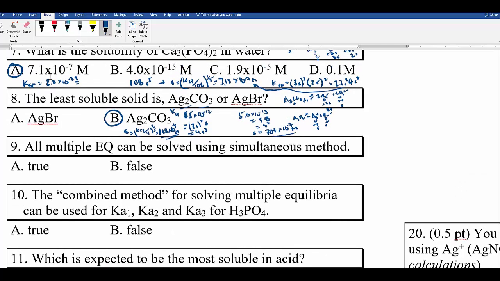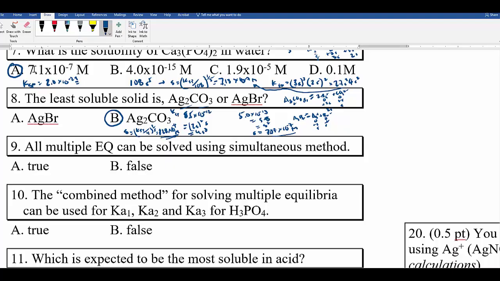So we can't rely just on KSP, because usually if the KSP is greater, the solubility is higher, but not when the ions split differently.